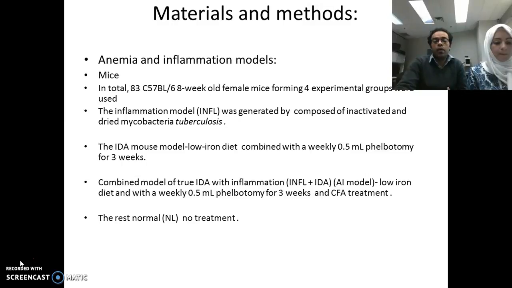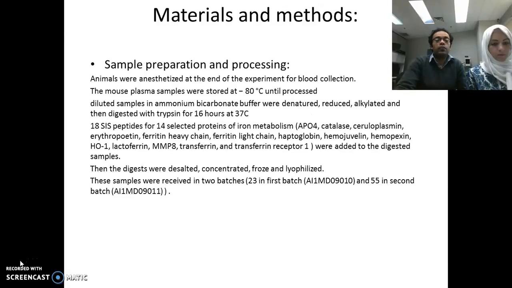The IDA mouse model was made by a low iron diet combined with a weekly 0.5 ml phlebotomy for 3 weeks. The combined model of true IDA with inflammation had a low iron diet with weekly 0.5 ml phlebotomy for 3 weeks, as well as CFA treatment, which is composed of inactivated and dried Mycobacterium tuberculosis. The normal model had no treatment.